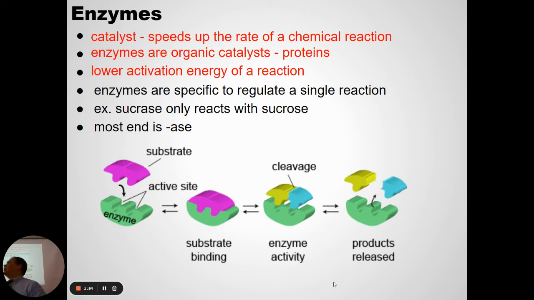And the key thing to remember about enzymes and about all types of proteins is that it's their shape that is extremely important. They have a complicated shape, and that complicated shape allows them to connect with other molecules and cause these reactions to take place.